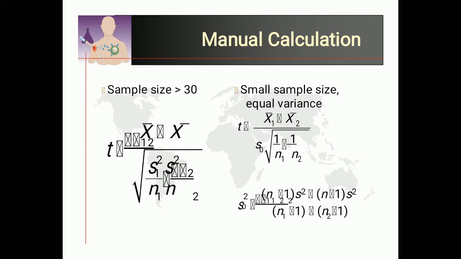More than 30 is a large sample size. If the sample size is small, less than 30, t equals x1 bar minus x2 bar upon s times the square root of 1 upon n1 plus 1 upon n2.